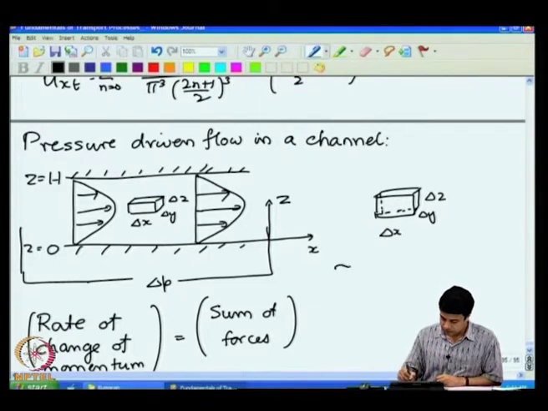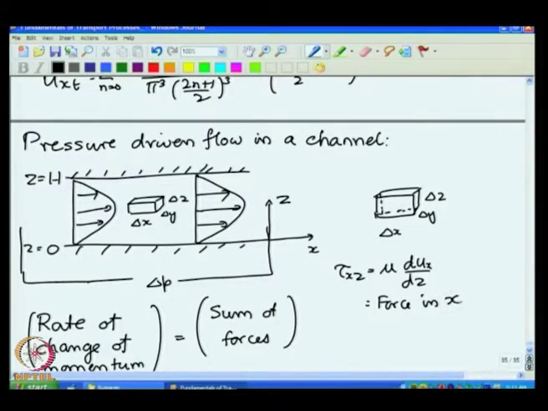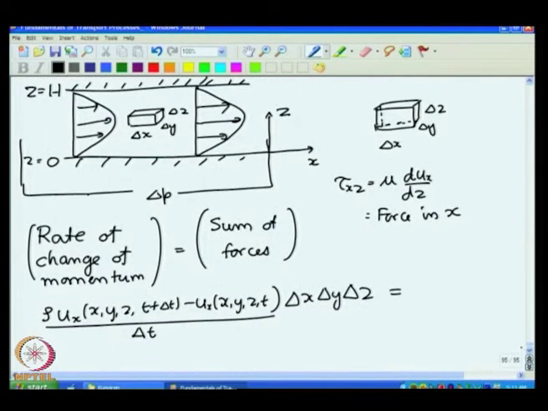So, tau x z, which is equal to mu times dux by dz, is the force in the x direction at a surface with normal in the z direction.